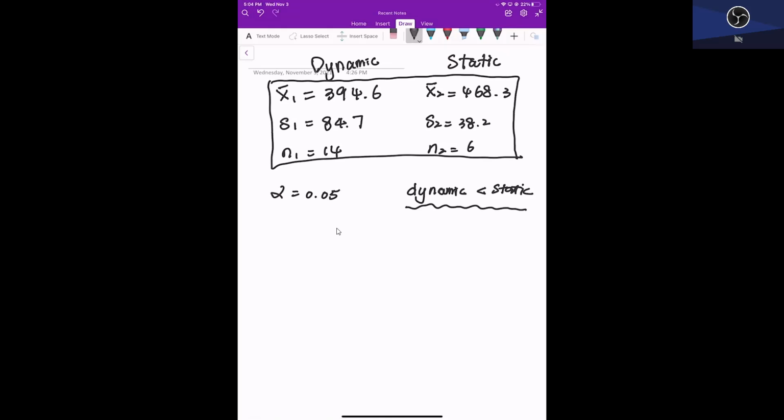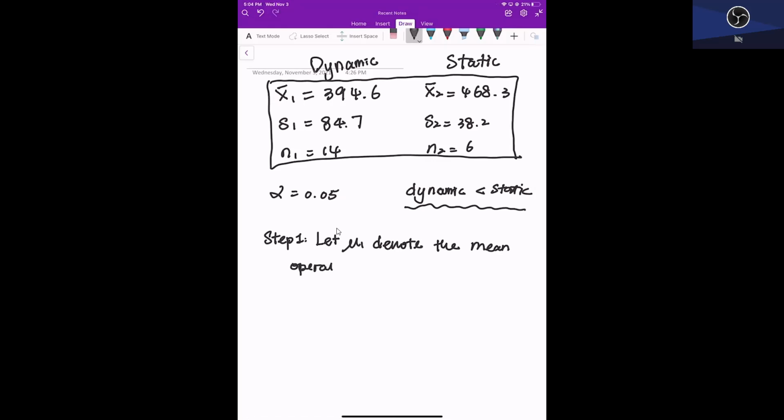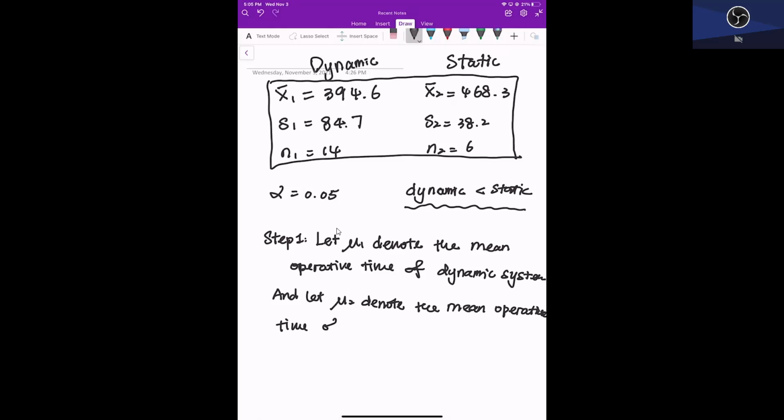And if you remember step 1, you're going to say let mu1 denote the mean operative time of the dynamic system, and let mu2 denote the mean operative time of the static system.